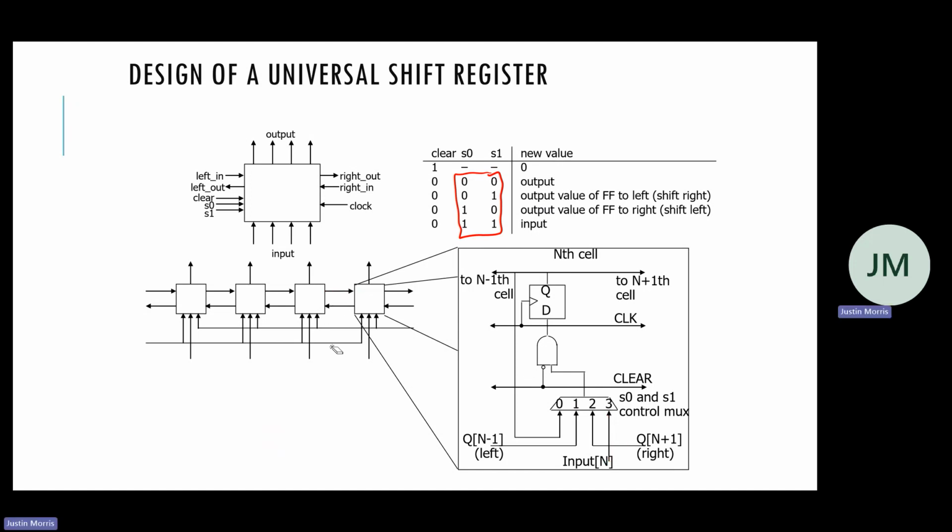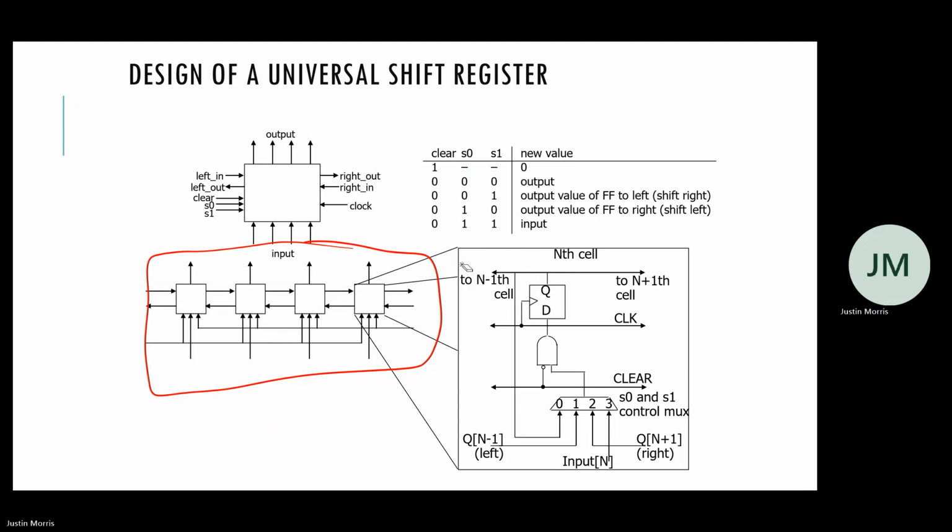So now with this building block, and I connect them all in this way, if I want to shift right by 3, I put clear is 0, S is 1, wait 3 clock cycles. Right?